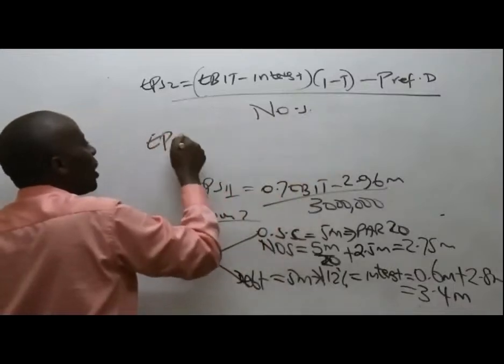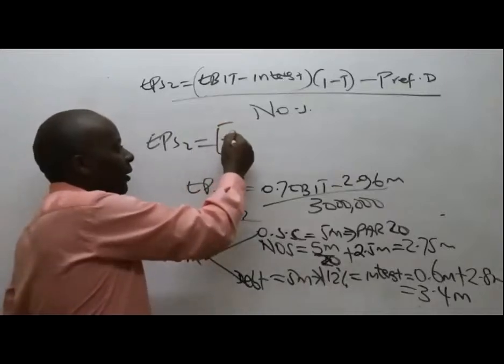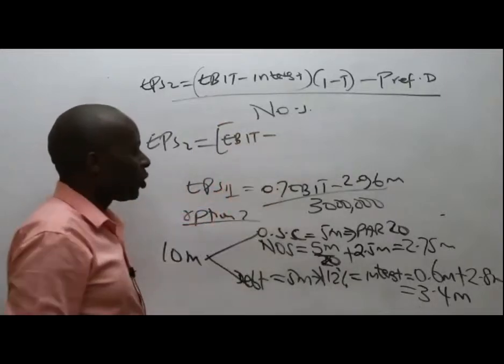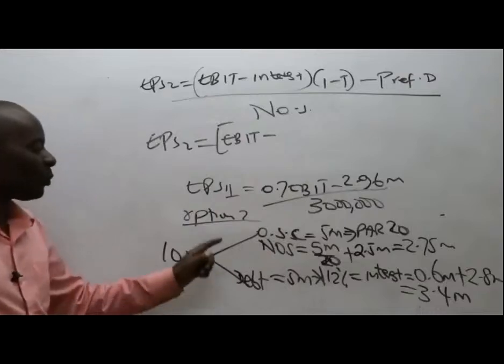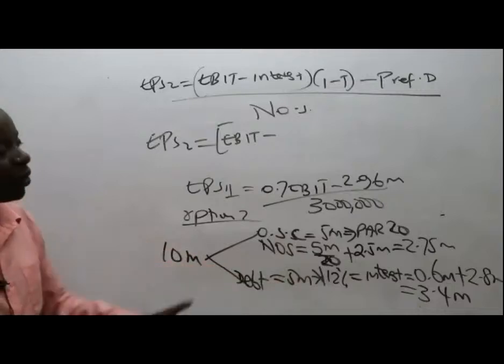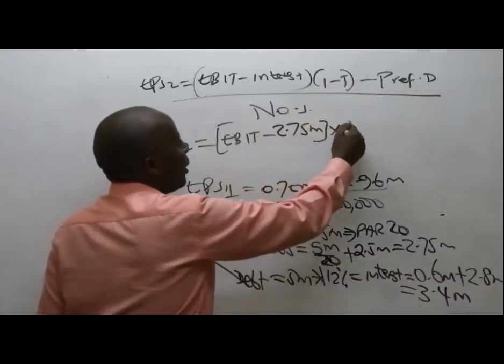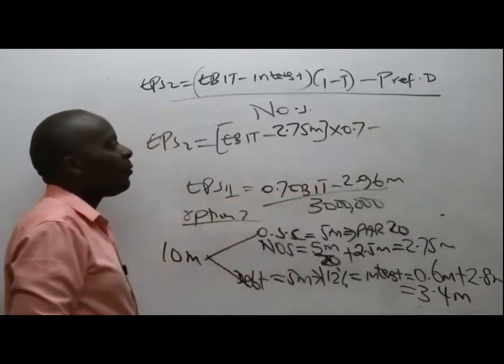So write for us EPS2, which will be EBIT, not known at the beginning, minus interest. Please always remember to work with total interest, times 0.7, minus preference dividend.